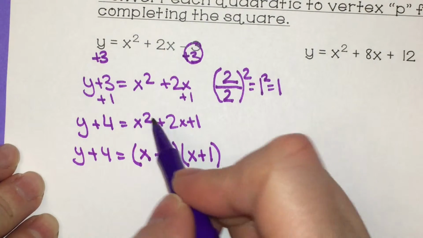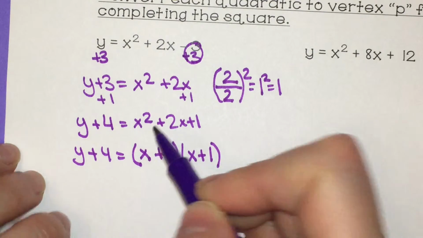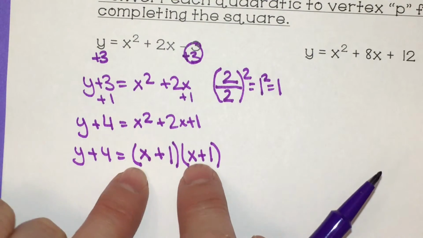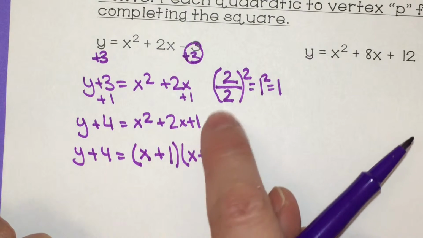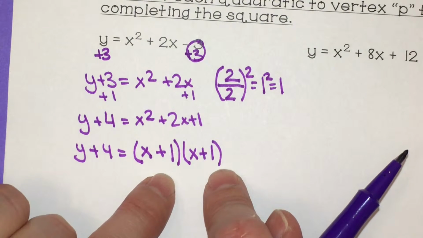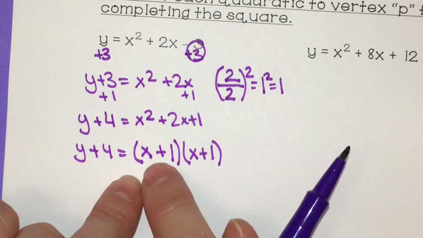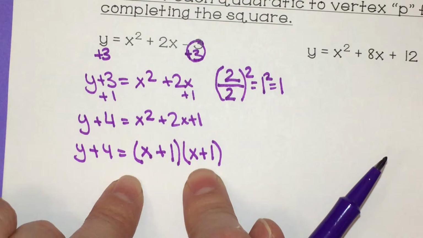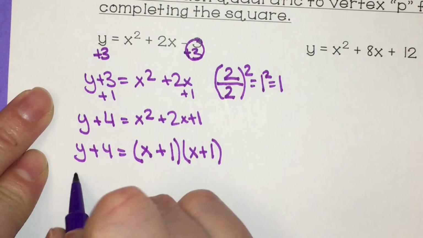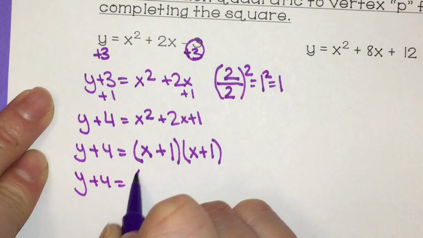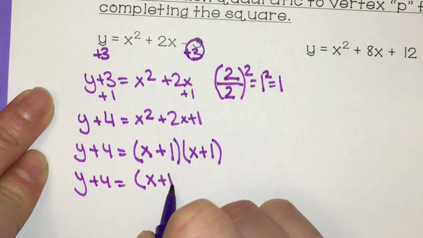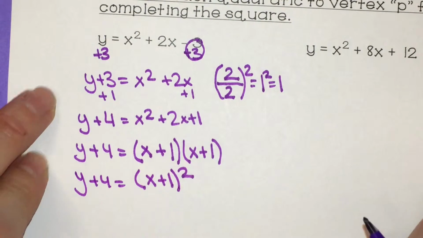So all you have to do is take the square root of the x squared, take the square root of the constant added on, and that will be your factored form. But this is just the same thing as y plus 4 is equal to x plus 1 squared.